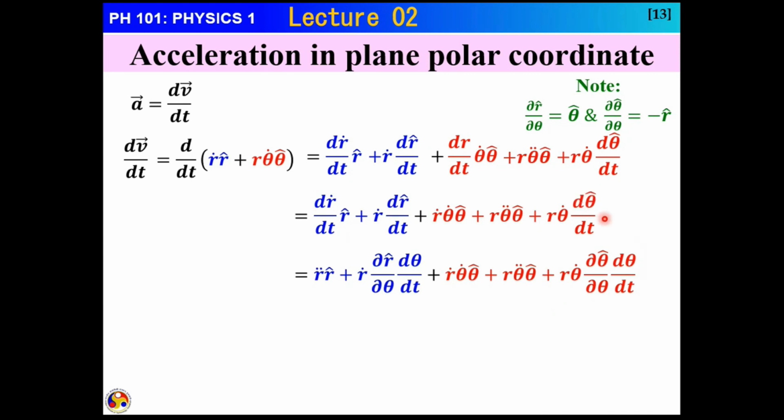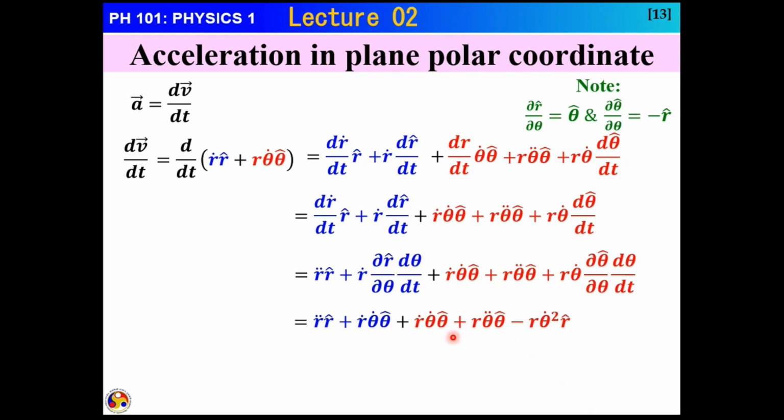Theta cap is a function of theta, so we do the differentiation of theta cap with respect to theta first and then of theta with respect to time. And the final result is going to be like this.